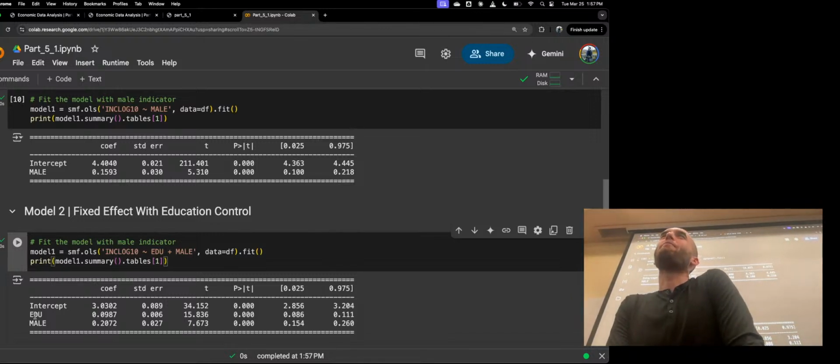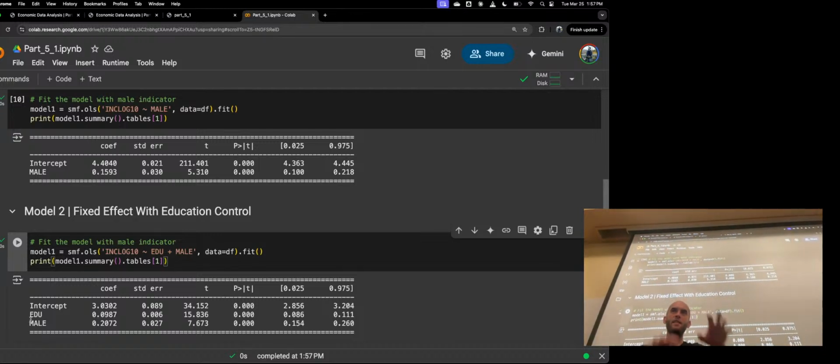Give yourself a compliment, but say it to someone next to you. And then once you've done that, then interpret what this is telling us. Is there an observed presence of a gender wage gap after we control for education? We'll take about a minute here. Yes, you have to compliment yourself.